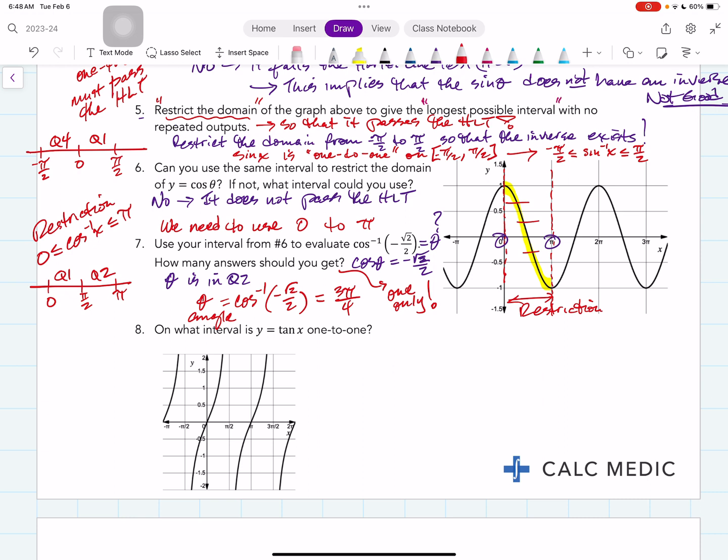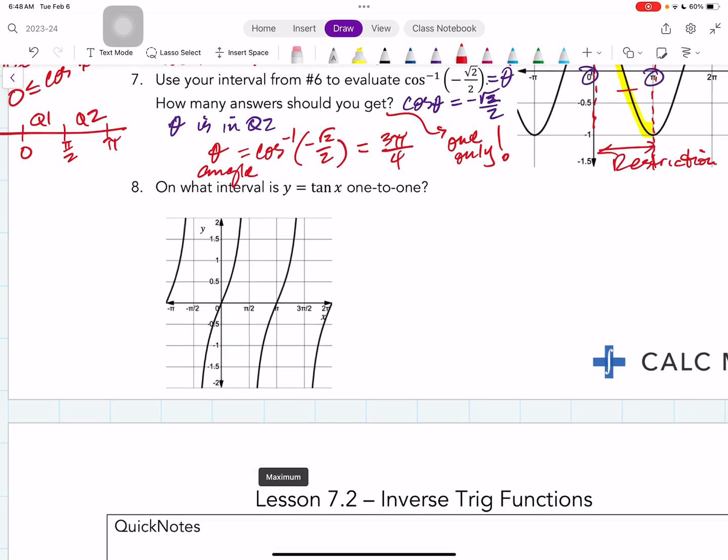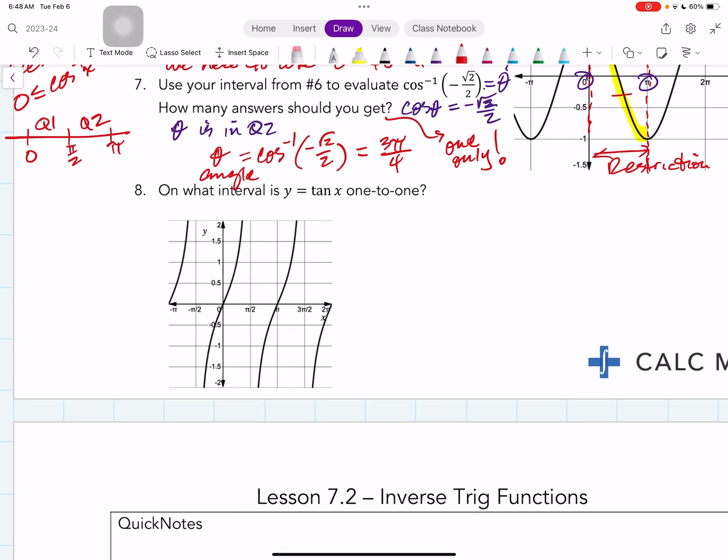On what interval is the tangent of x one to one? Where does it pass the horizontal line test? Well, first of all, if you zoom in here and draw a horizontal line anywhere, it intersects an infinite number of times. So we already have a problem.